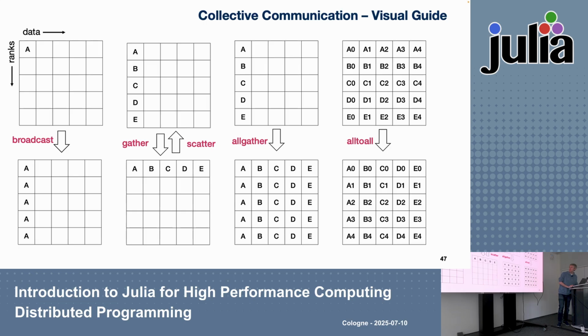And there's also this all-to-all version, where everyone has some data and needs to distribute a certain portion to all the other ones. And you see this is basically transposed here, this array.